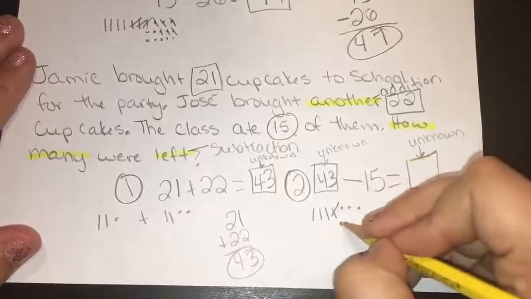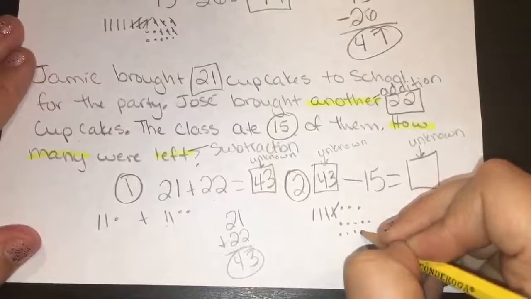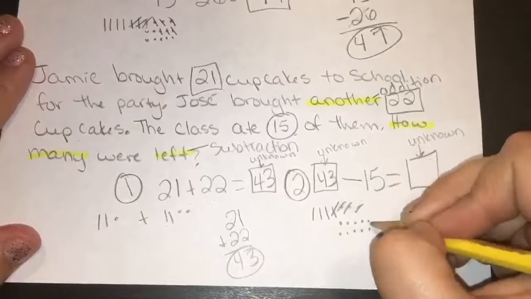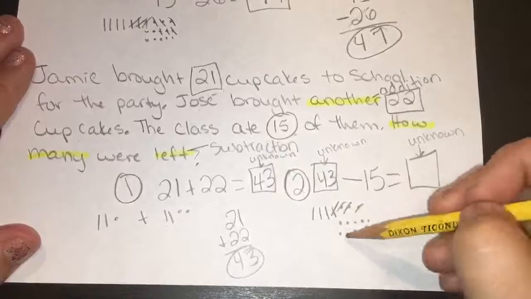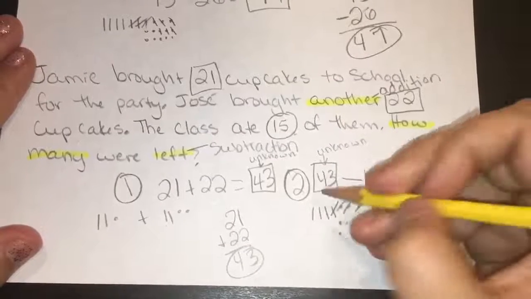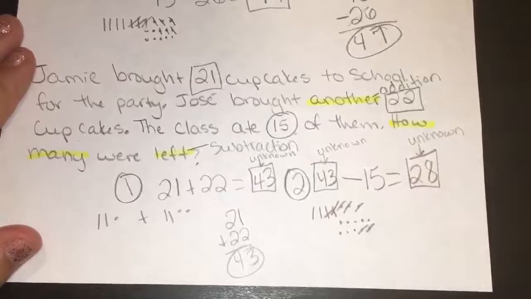Take out a 10 and go ahead and draw it in ones. Now you can subtract 1, 2, 3, 4, 5. You are left with 8 ones. Now, you take away one set of 10, and you have 28.